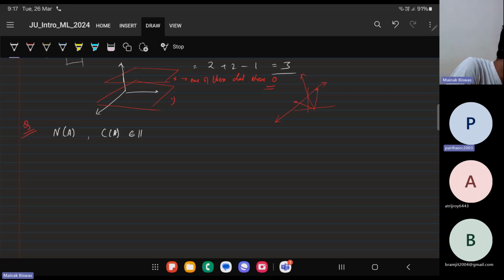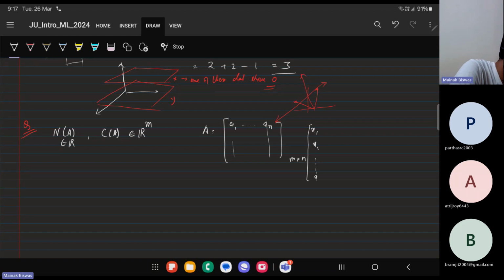See, column space of A belongs to R to the power of, help me. R to the power of m. Good. And null space belongs to R to the power of n, yes, x1, x2, dot, xn. Good.